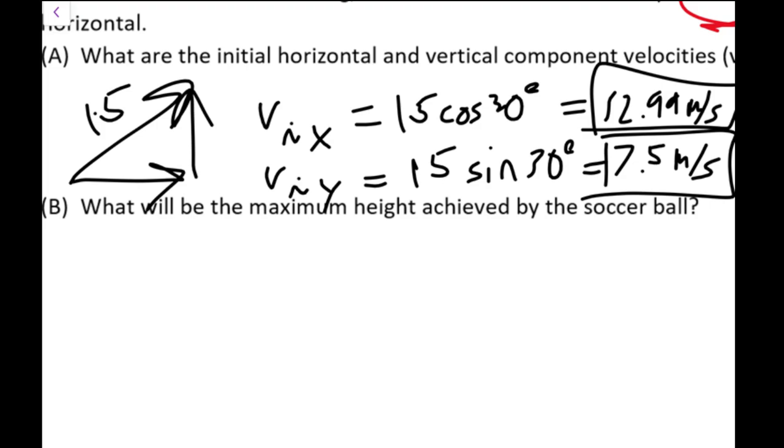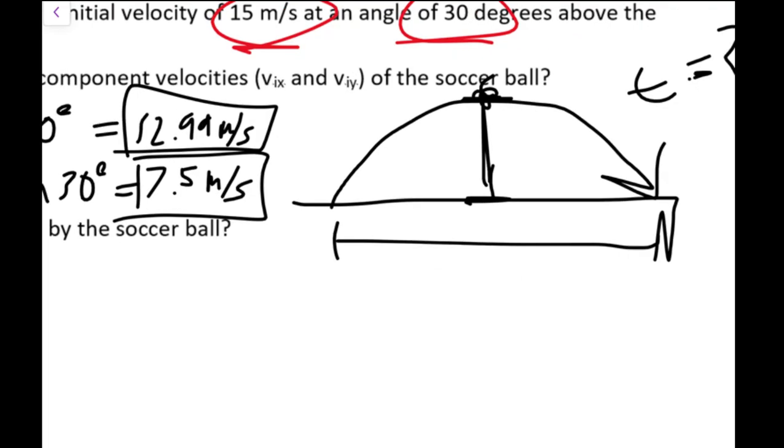In part B, it asks what will be the maximum height achieved by the soccer ball. Again, when we look at our picture, we're looking for delta y. This should be a positive number because we're starting from the ground. We're just looking for how far up it went. The key here is knowing that at this very top point, Vy is 0.